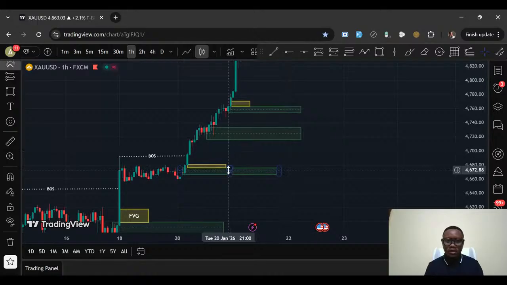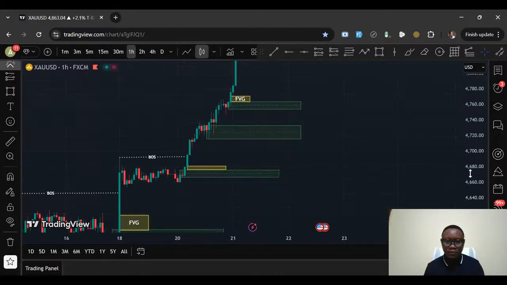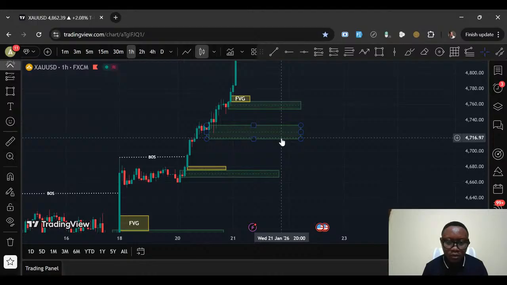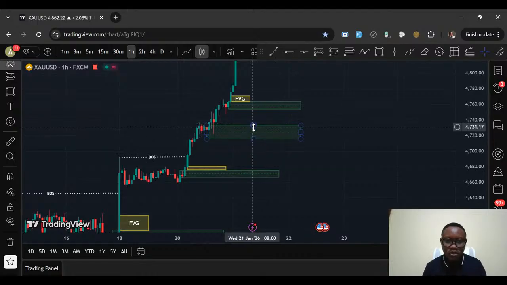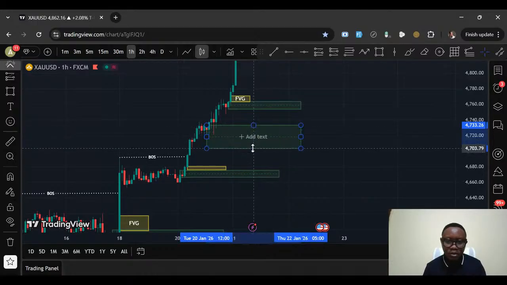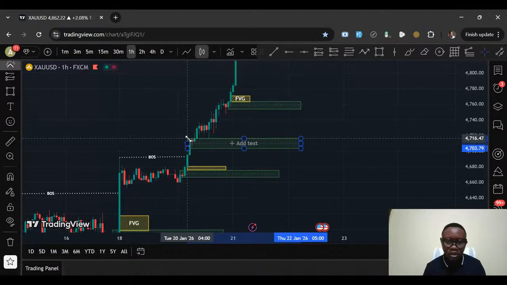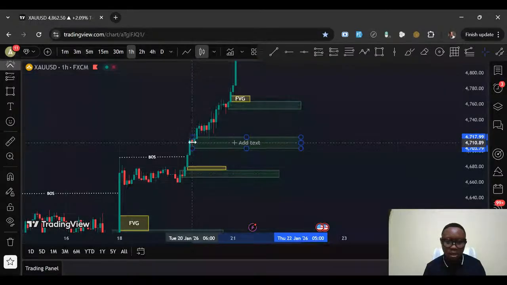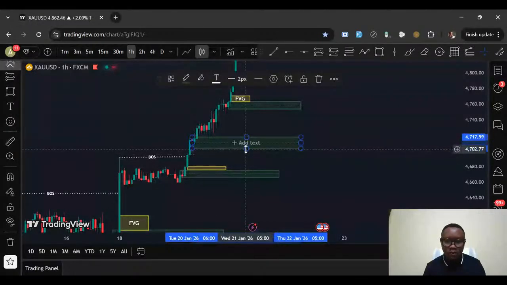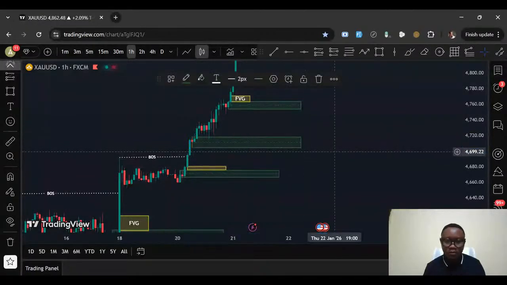All right, so this is our FVG. So like I said, now this is our order block for this zone. So let's refine this further to this. This is our order block. Yes, on the 1H time frame, this is our order block.